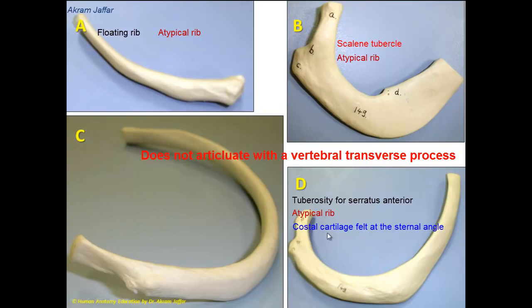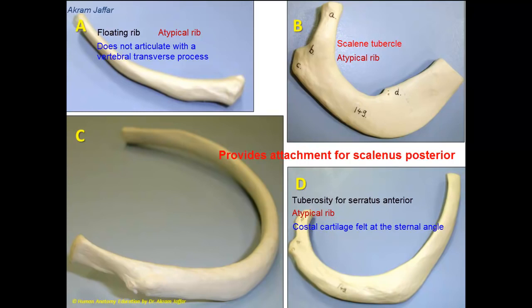So the first rib has a tubercle, the second rib has a tubercle, all the typical ribs here have tubercles. The only ribs that do not have tubercles and do not articulate with the transverse process of vertebra are the 11th and 12th ribs.